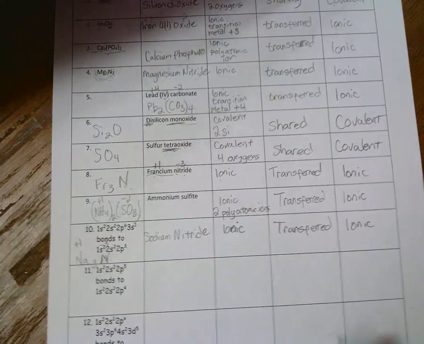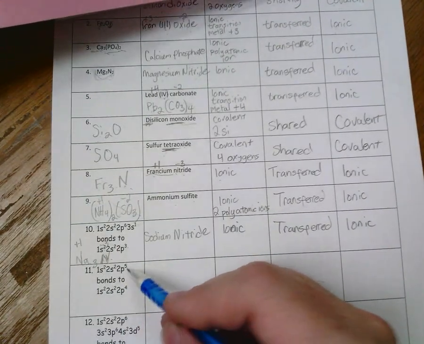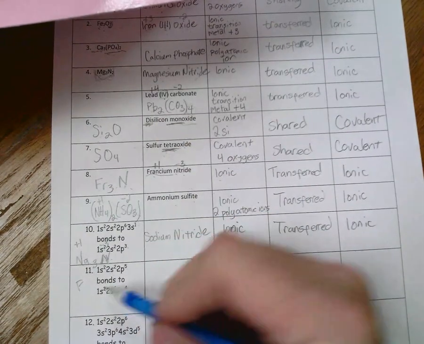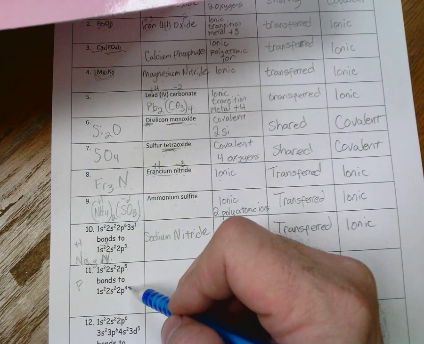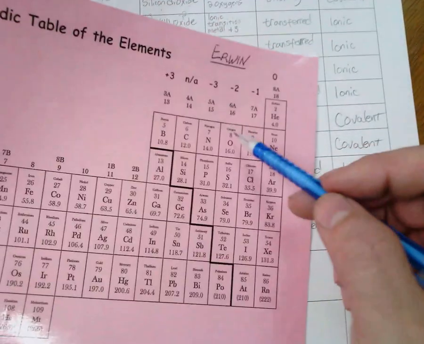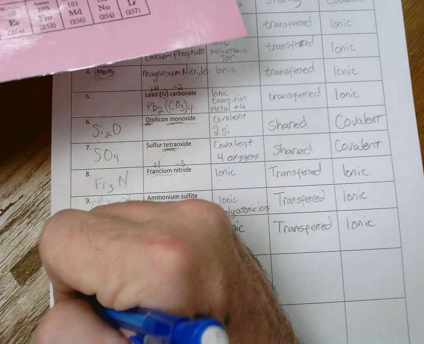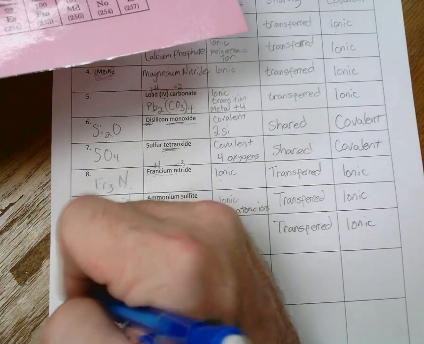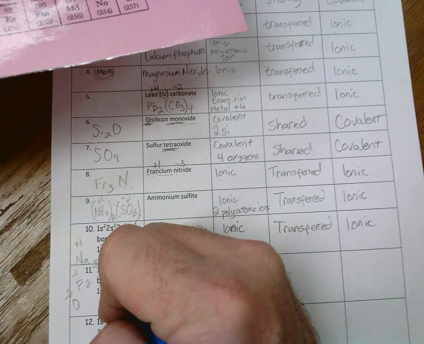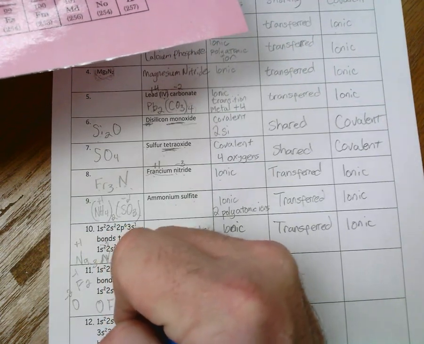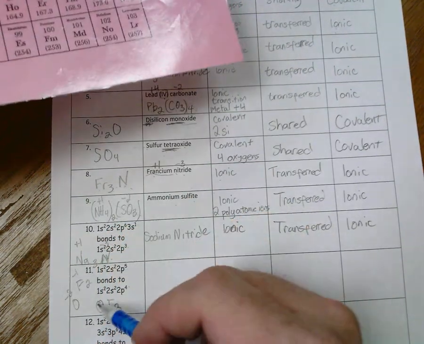Okay, next. 2, 4 plus 5 is 9, so atomic number 9 is fluorine. 2, 4 plus 4 is 8. Atomic number 8 is oxygen. Oxygen is charged -2, fluorine -1, crisscross, so I have OF2. Both of these are nonmetals.